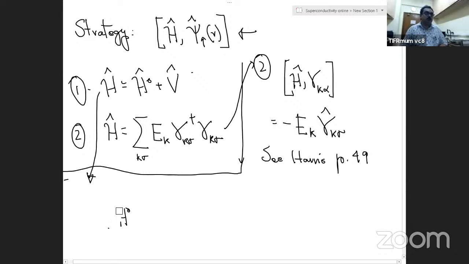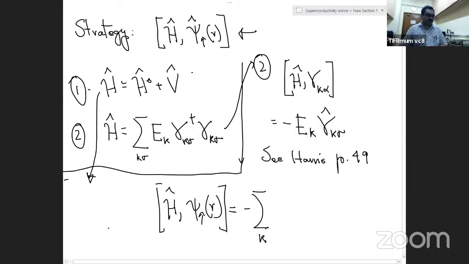Before I go to this, let me finish this. It is H prime, H cap, and this commutator. You know the expression for psi up R, and if you put that in, you will get Ek.